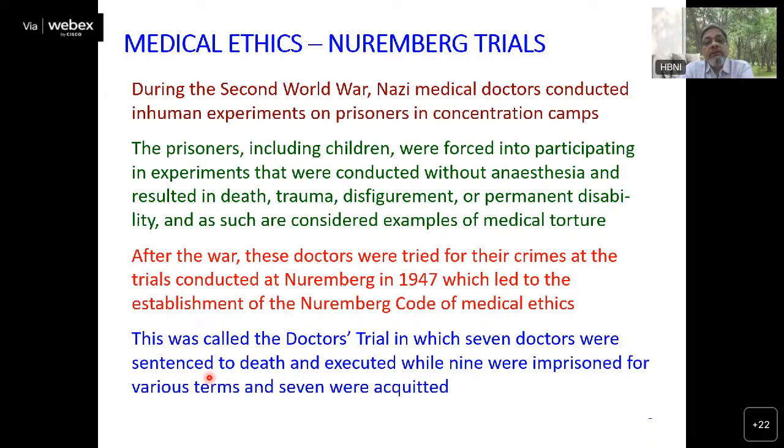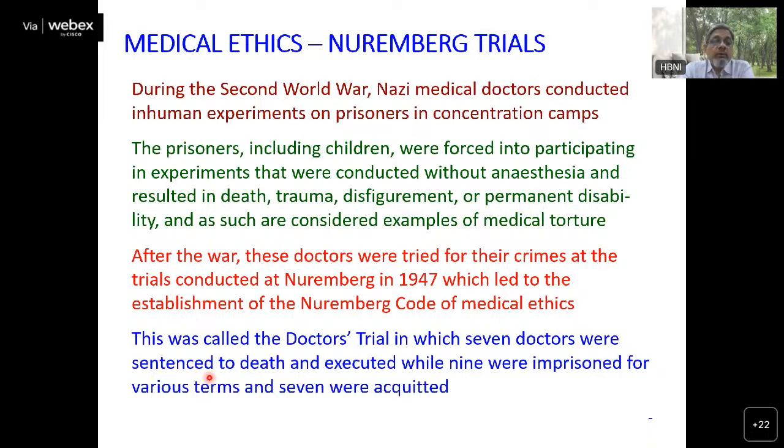These prisoners, including children, were forced into participating in experiments that were conducted without anesthesia and very often resulted in death, trauma, disfigurement, or permanent disability. All these are now considered examples of medical torture.